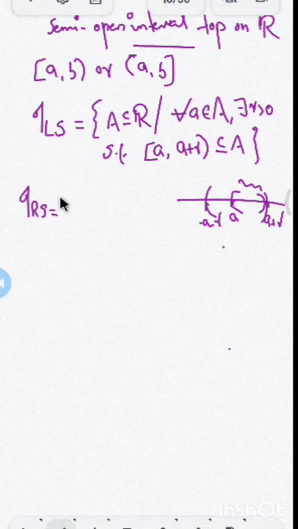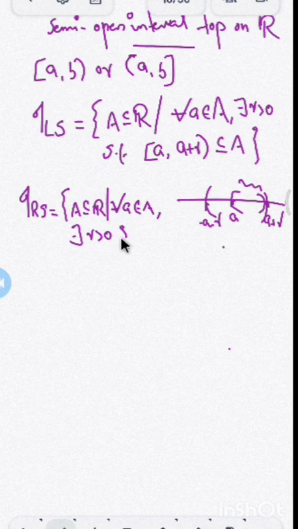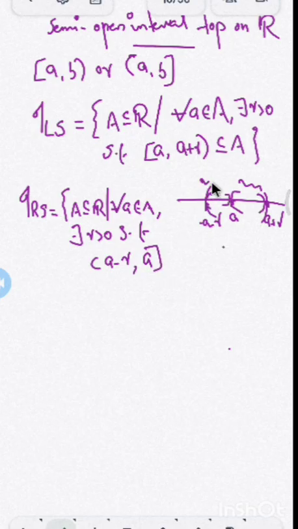Tau rs is the reverse one, the other portion of the interval. It is the set of all subsets A of R such that for every a in A, there exists r greater than 0 such that the interval of the form (a − r, a] is completely contained in A. These are the two kinds of semi-open interval topologies.